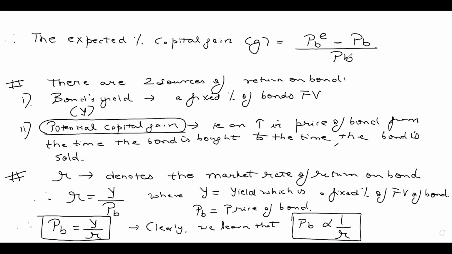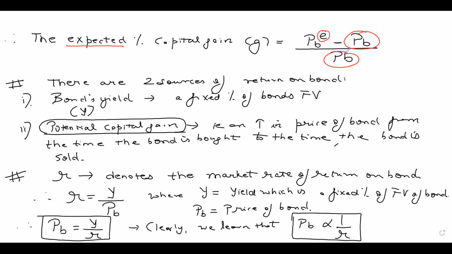The reason why we have expected here is because I don't know the price at which I will be selling the bond in the future. All I know is the expected price, PBE. PBE is the price at which I expect to sell the bond in the future. Minus PB is the actual price at which I have bought the bond.